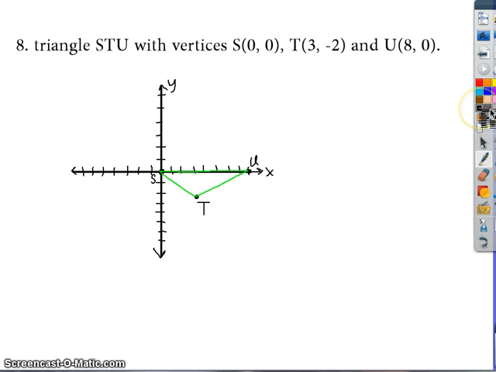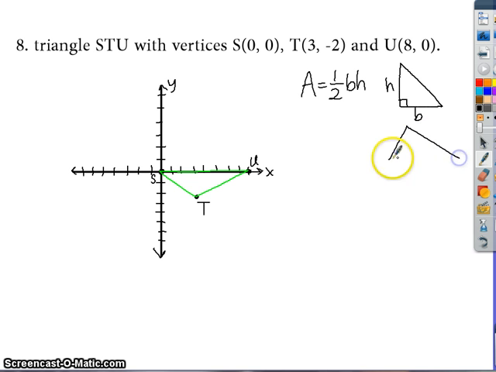Now, if you remember, we said that the area of a triangle is 1/2 base times height, or base times height divided by 2, however you want to think of it. And remember I said that for the base and the height, you have to have that 90-degree relationship. So in a right triangle, it's built in for us, but in other triangles, it may not be. So like if this is the base, the height is on the inside.